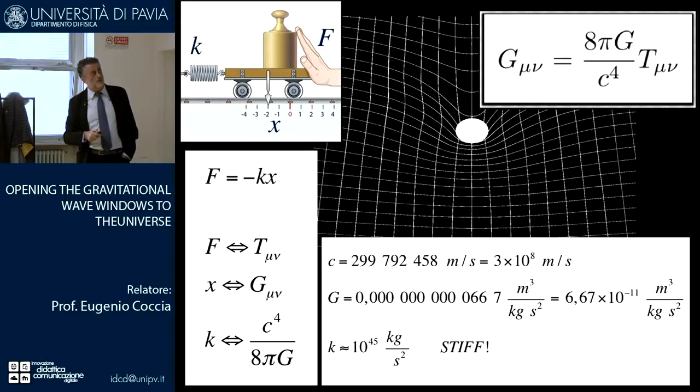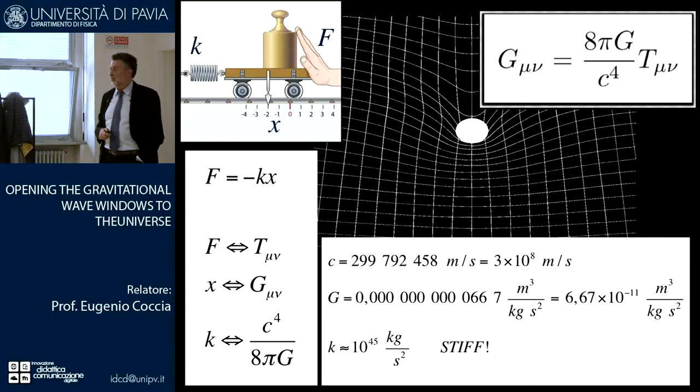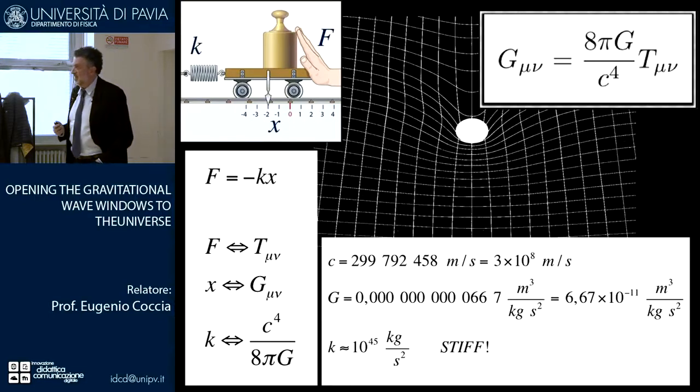And so the comparison is that the force has the same role as this. This is the tensor, the energy tensor, let's say, this mass-energy tensor here. So the cause, the source of the deformation, and this is the deformation.